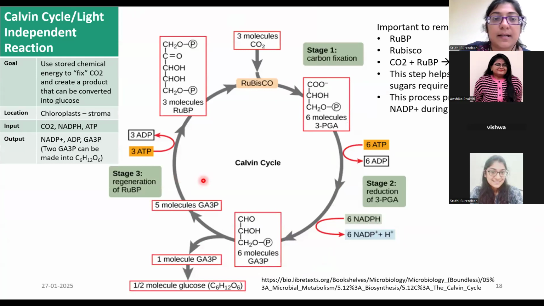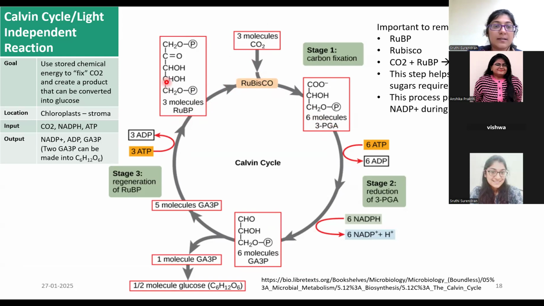The Calvin cycle is divided into three stages. One is carbon fixation. Carbon fixation is the reaction of a molecule called RuBP, ribulose 1,5-bisphosphate. This RuBP molecule will combine with carbon dioxide that is taken in by the stomata, and with the help of an enzyme called Rubisco, these two react together to form a molecule called 3-PGA.